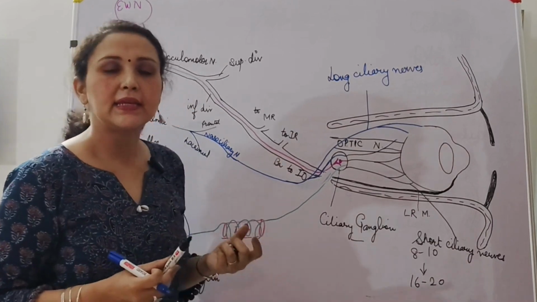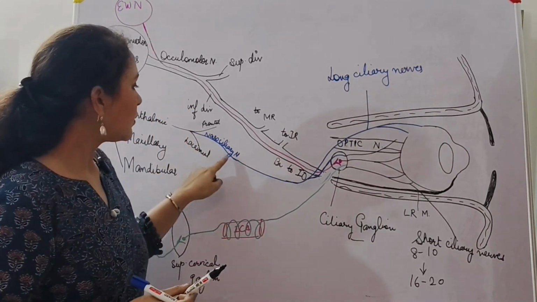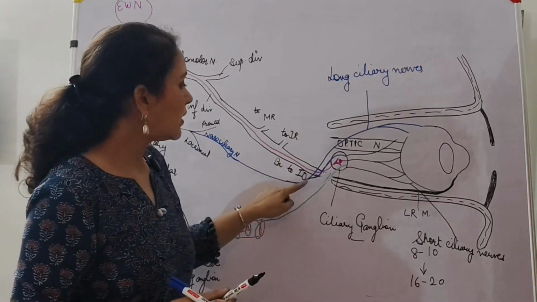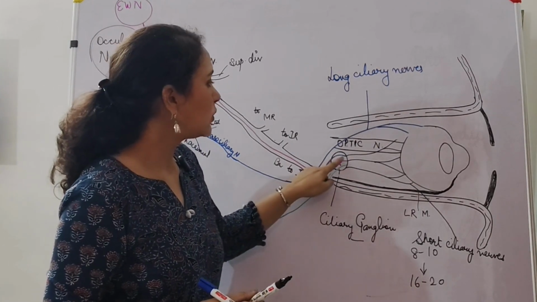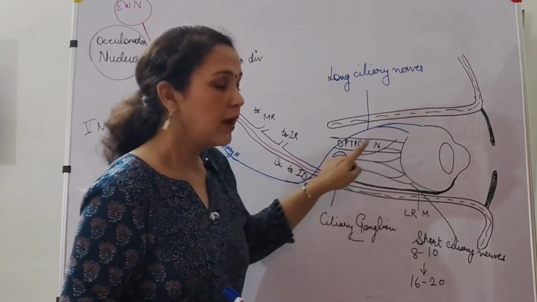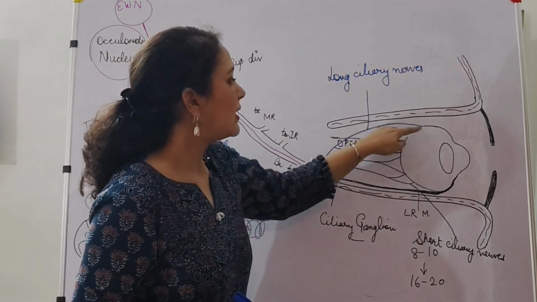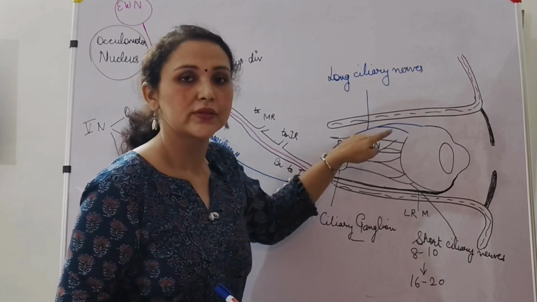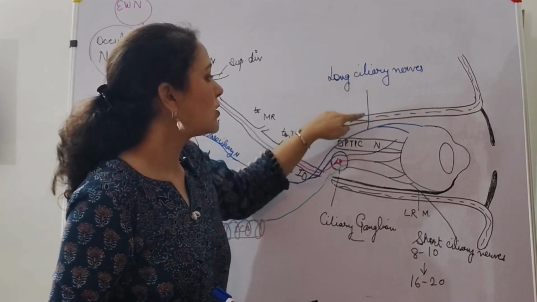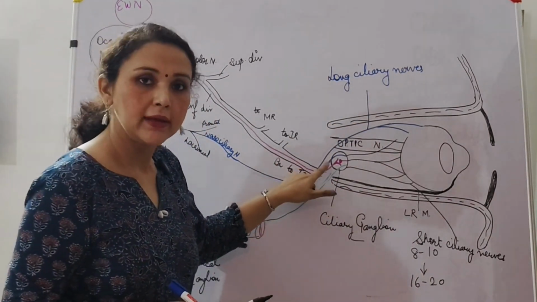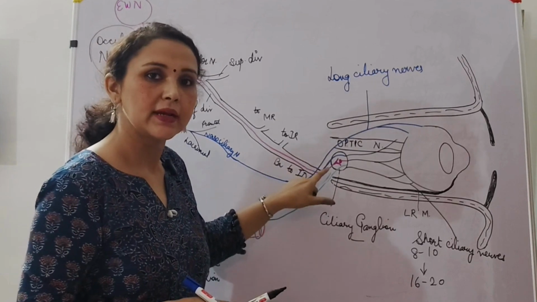So we can say in easy words that the sensory root is carried by the nasociliary nerve. A branch of it passes through the ganglion without relay, and a few branches from the nasociliary directly supply the vessels and structures in the orbit. They are known as the long ciliary nerves. So again, this component is not relaying, only the parasympathetic has relayed.